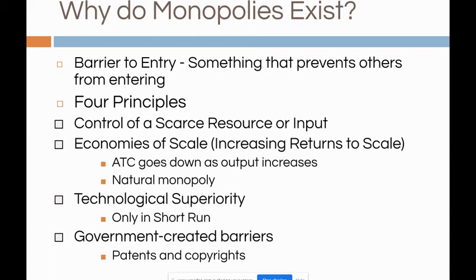The third one is technological superiority, and this usually happens in the short run. If you think about when the iPhone first came out, Apple had the technology, Apple had the way to say to consumers, you want a cell phone, but you also want the internet. You also want a place to have your email and listen to your music and take your pictures and do all these different things.